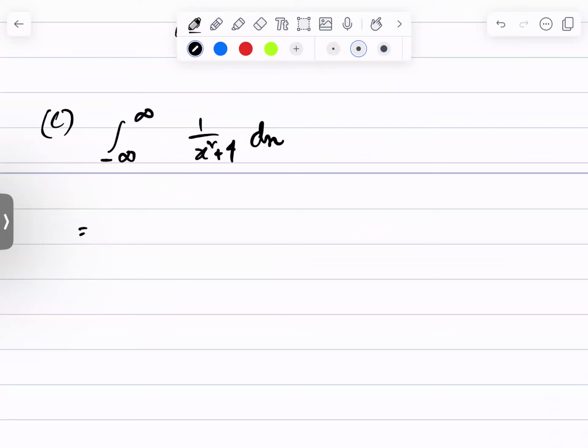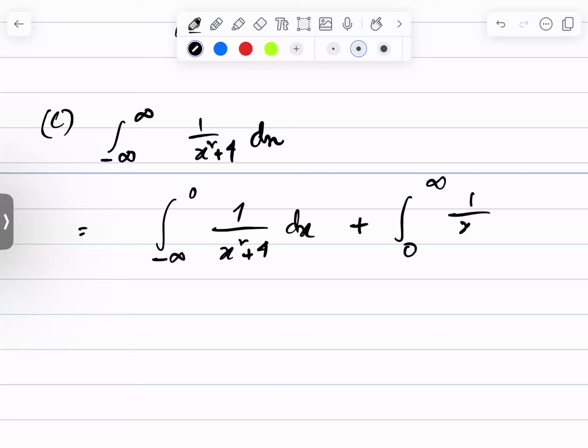If you have both the upper and lower limits as very large quantities, namely positive and negative infinity, you can just split that at any point. I'm doing it at 0 because most of the time that is easy to calculate. This splitting is quite fine.